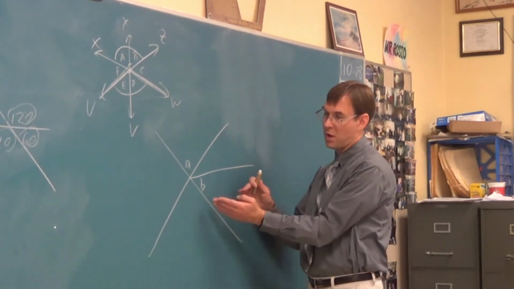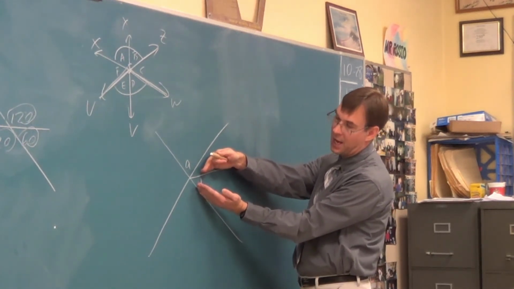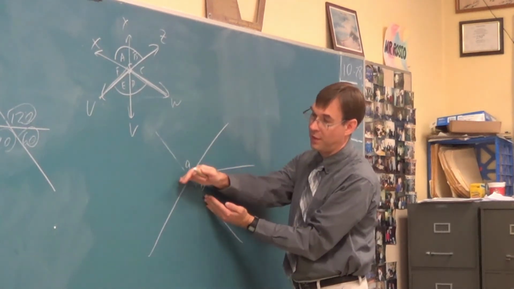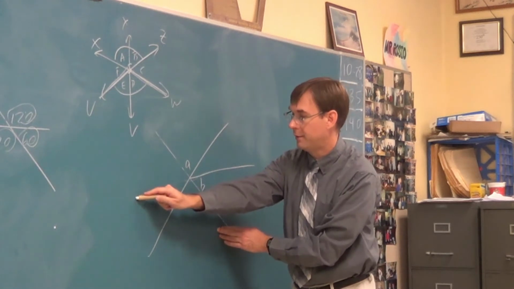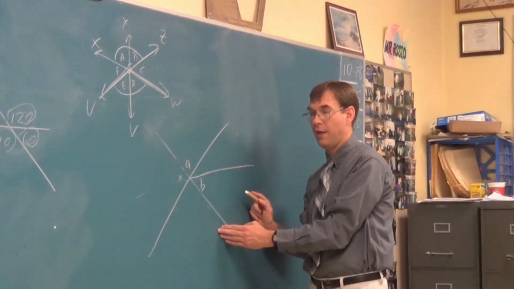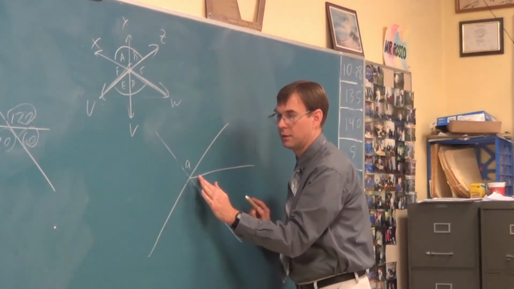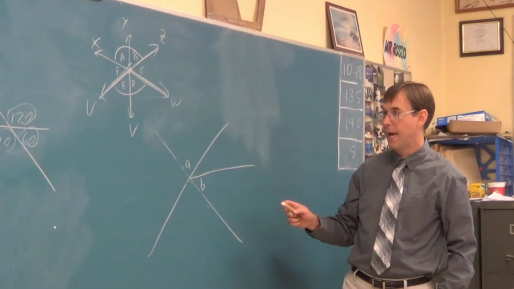For B to have a perfect match, friend, since B is like set up by these lines, we would need not just this line to continue, but that one. Okay, so B doesn't have a friend. If this kept going, B would have a friend there, but I didn't play that game, so there is no match for B. Does A have a perfect match for it? Yes. Where is that?